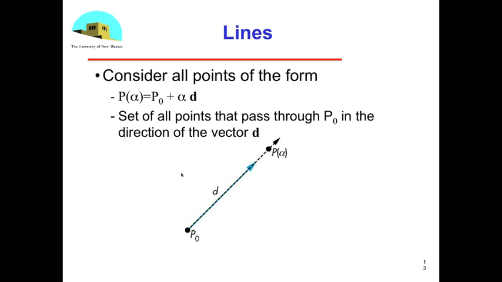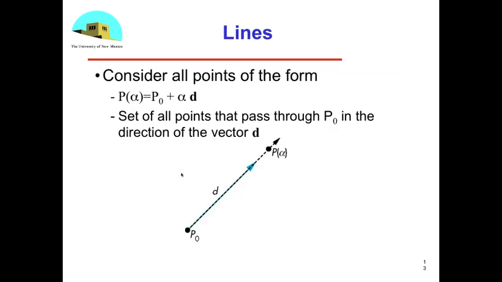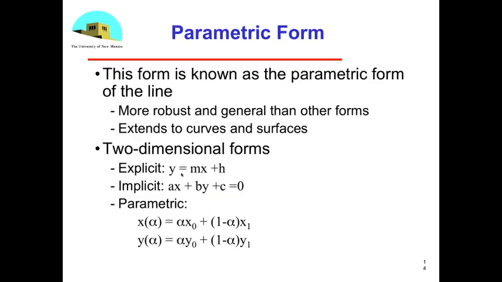This is known as the parametric form because alpha is a parameter. For every value of alpha, I get another point along this line, and as we'll see as we go through the course, parametric representations are the most powerful representations that we can have, and we'll be using them very, very often.